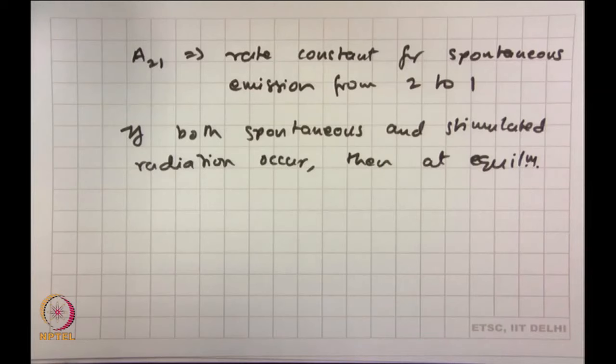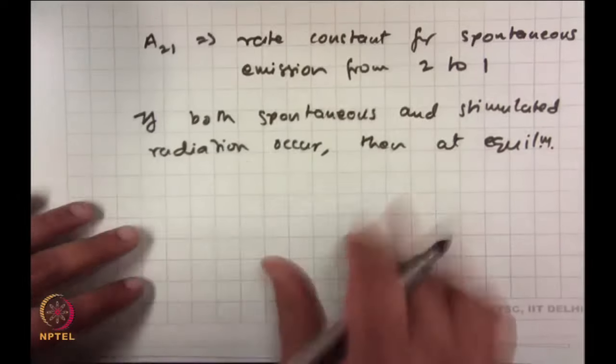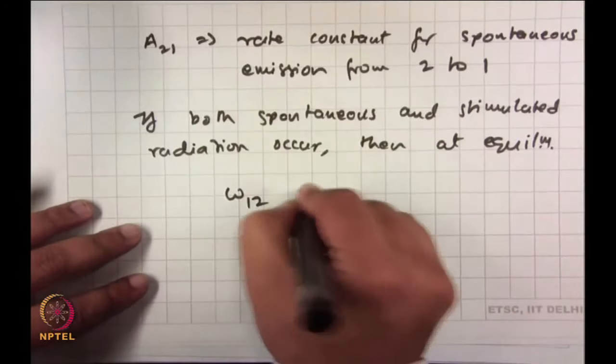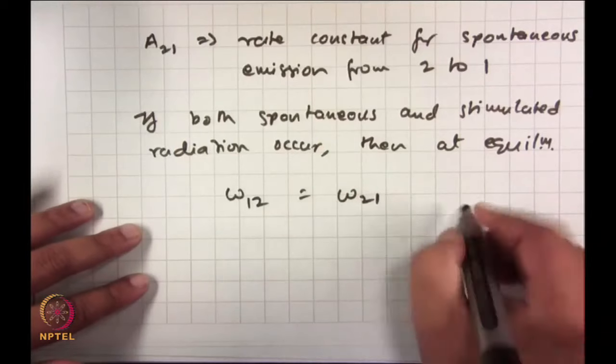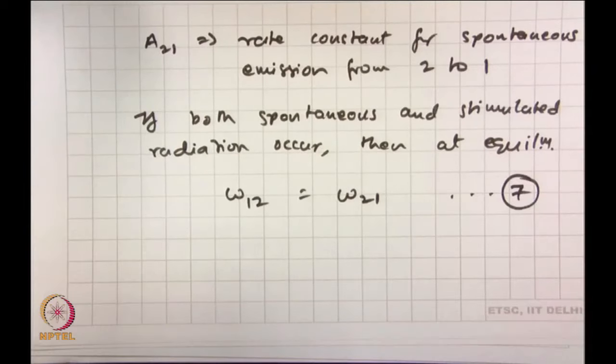If the equilibrium has been attained, then the rate of upward transition would be equal to the rate of downward transition, and then I can write W12 is equal to W21.